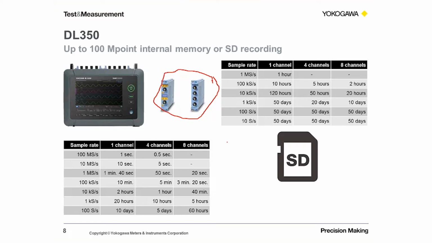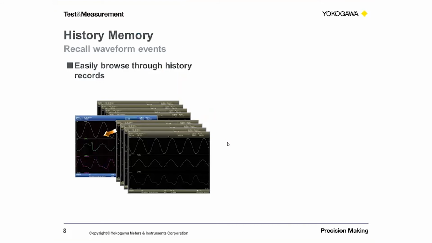The other thing we can do is essentially use the memory in a different way. So if you choose shorter memory lengths to capture, the history memory is then essentially active. What the history memory does, and this is a feature that we've been offering on all our ScopeCorders and oscilloscopes since we introduced them back in the late 80s, is that we basically split the available acquisition memory up, and it will save automatically each successive triggered acquisition.